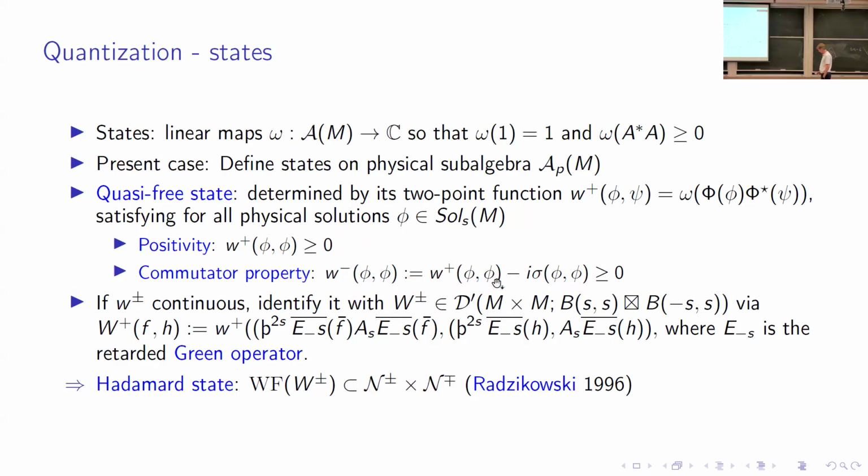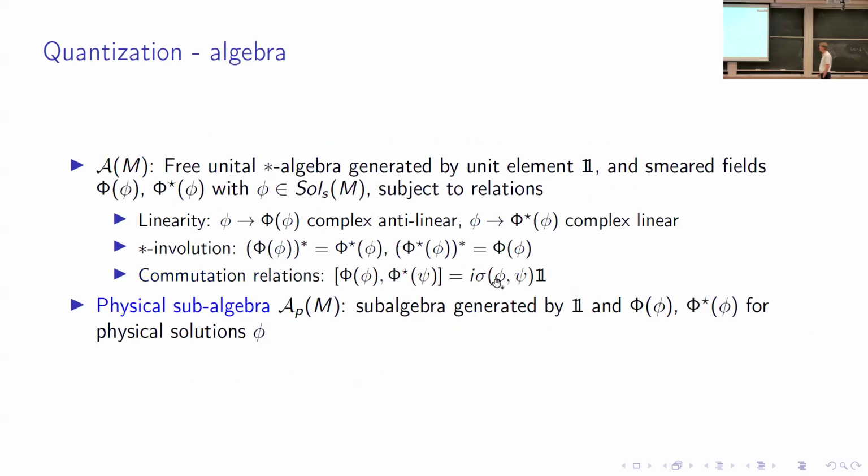You see in the commutator, this is very important here. So this brings in the symplectic form. Boson theory is really based on a symplectic form, whereas fermion theory is based on the Hilbert space product.